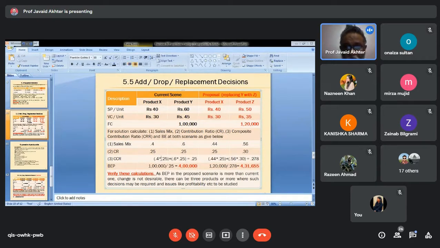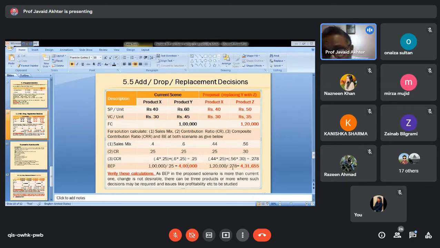I have illustrated: 0.4 times 0.25 plus 0.6 times 0.25 gives you 0.25. So 0.25 is the composite contribution ratio. So your 90% problem is solved. Divide fixed cost by composite contribution ratio, your answer is break-even.